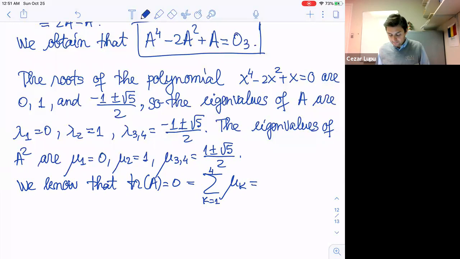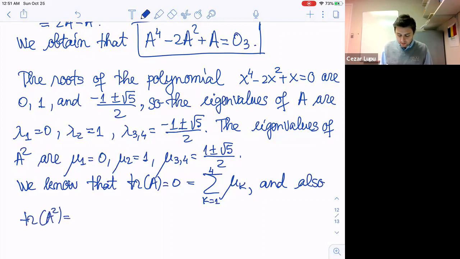Maybe there is a combination that will give you 0. But on the other hand, we also look at the trace of A squared.